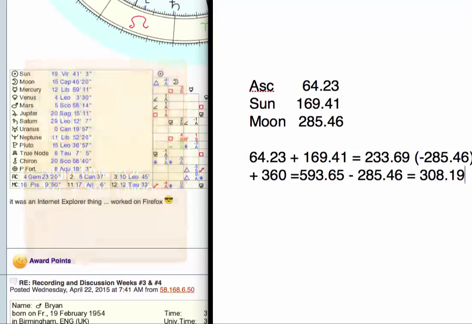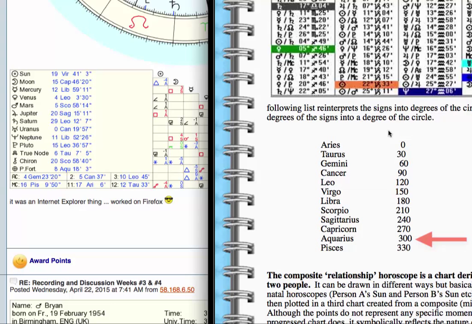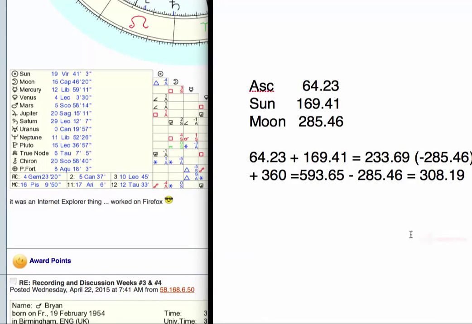I'll just show you on here so we can be reminded that Aquarius starts at 300. So, of course, this translates to 8 degrees 19. If we look over here at the computer calculation, we indeed have 8 degrees. Well, it's 18.3 because we weren't adding the seconds. But trust me, if you get 8 degrees, you're well and truly happily in the ballpark. 8 degrees 19.